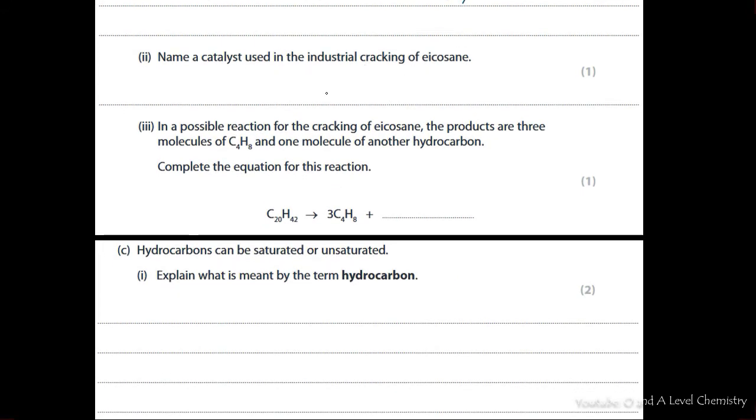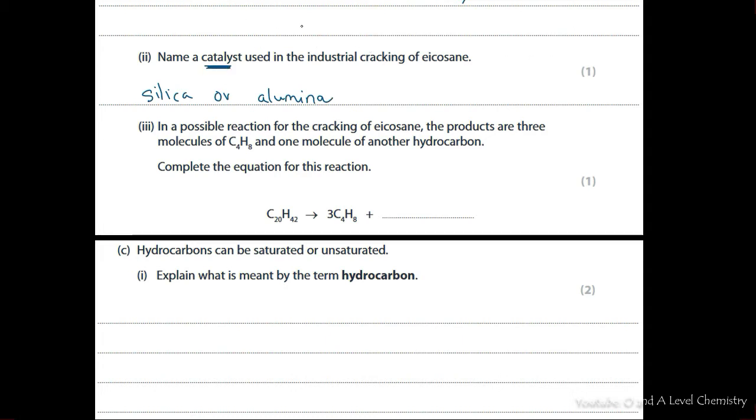Name a catalyst used in the industrial cracking of icosane. For industrial cracking, we look at basically 2 catalysts. One is silica, or you could say alumina. This is for catalytic cracking.